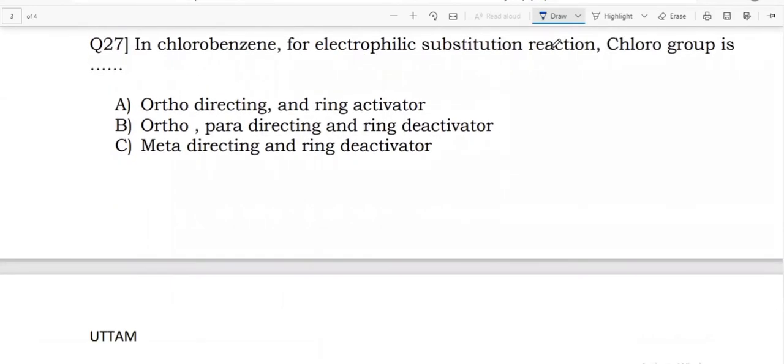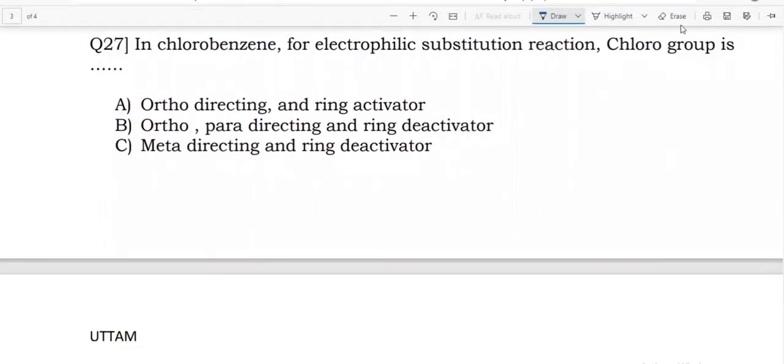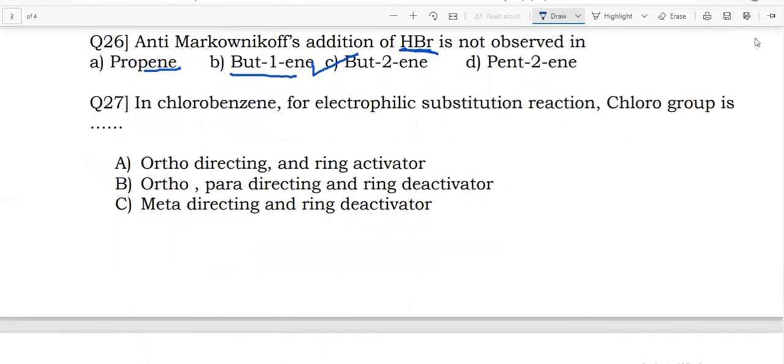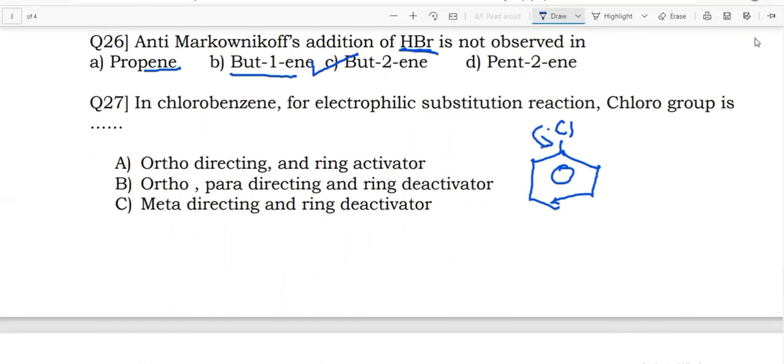Question number 27. In a chlorobenzene electrophilic substitution reaction, the chloro group is... Chlorobenzene: this chlorine shows plus R effect, so it gives electron density to the benzene ring. Because of its plus R effect, it is ortho-para directing.